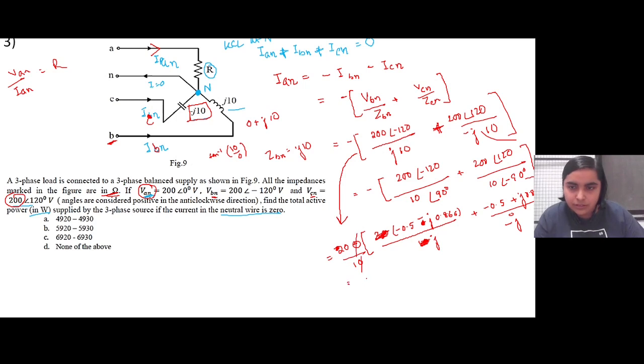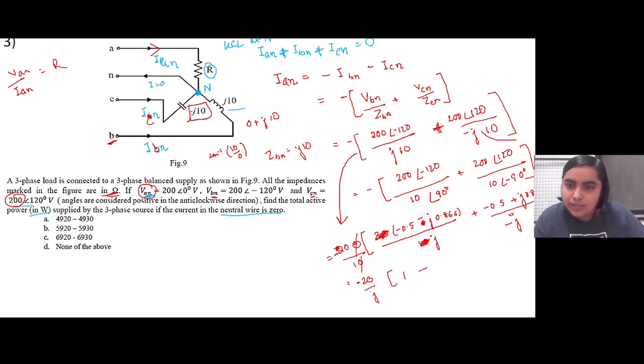We can even take the j outside. 20 by j, with a negative sign outside, right? So minus 0.5, and here minus becomes plus. So it is 1, this is minus 0.866, and okay, this will be plus, so this will be 0.